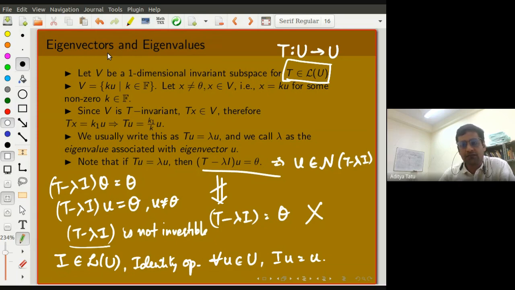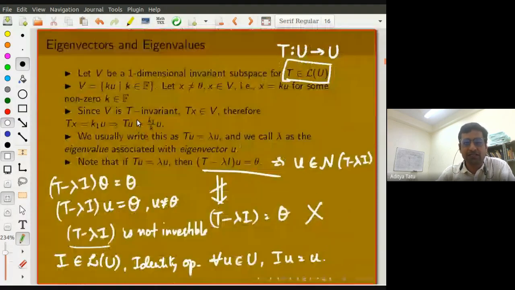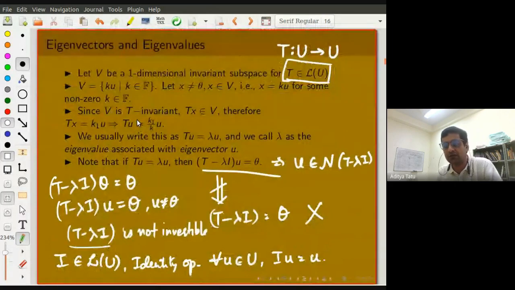So for example, U could be polynomials of degree at most 3. So U is a 4-dimensional vector space, but T is not necessarily a matrix, right? For example, in the previous class, we saw differentiation on polynomials. Differentiation by itself is not a matrix, right?